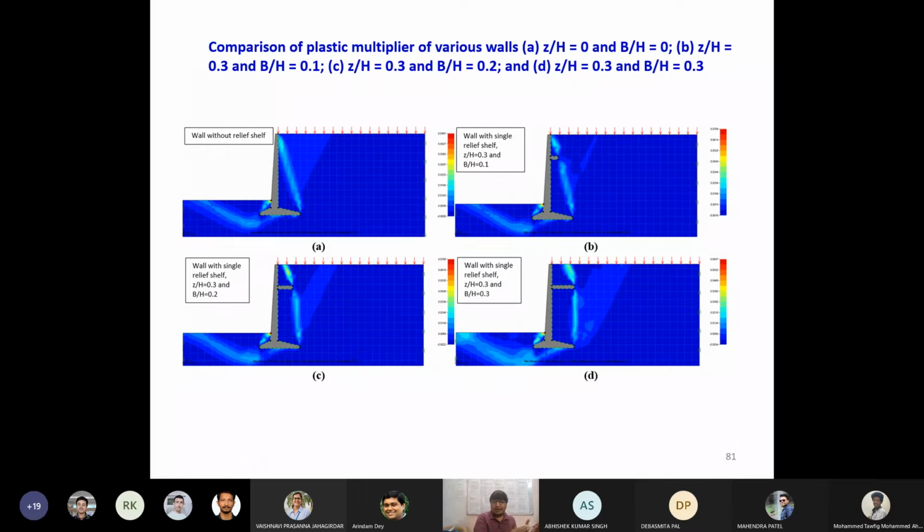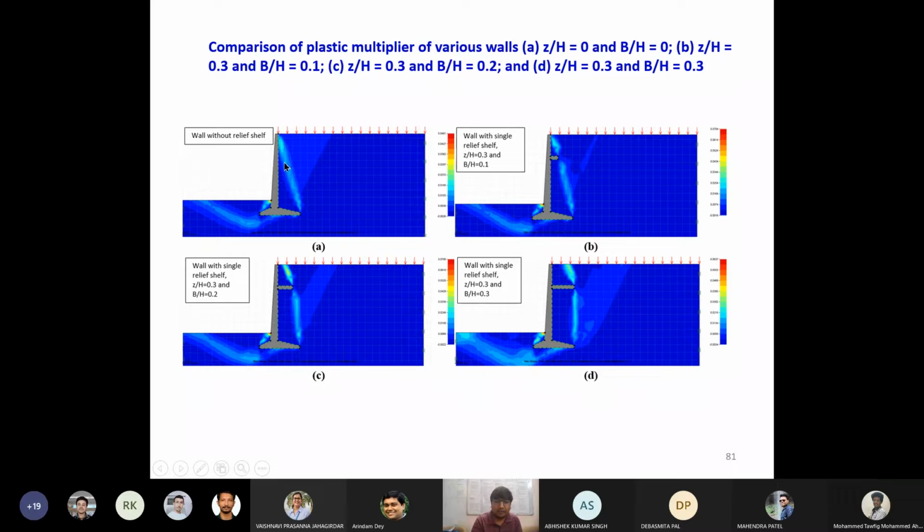Now another important thing we noted from this: the plastic multiplier of shear strain always helped to get the shear failure plane, or the mode of failure, which you can witness over there. What we noted is that without relief shelf, this was the shear failure plane. If you refer to good books, you can see there are two potential failure planes in the case of a cantilever retaining wall.